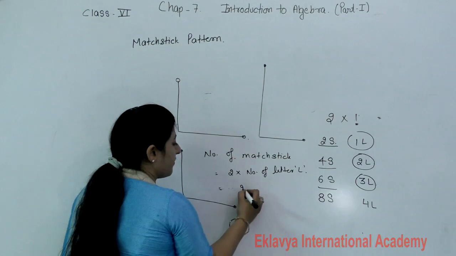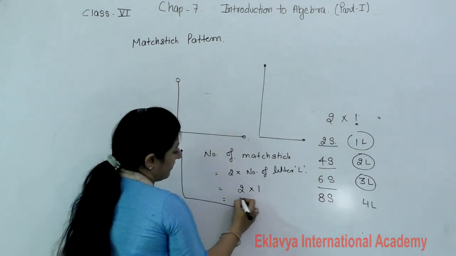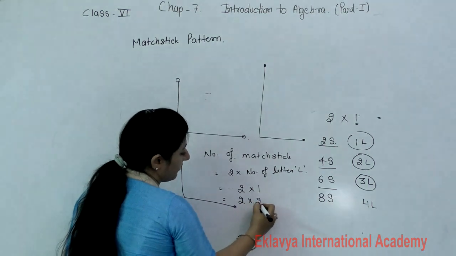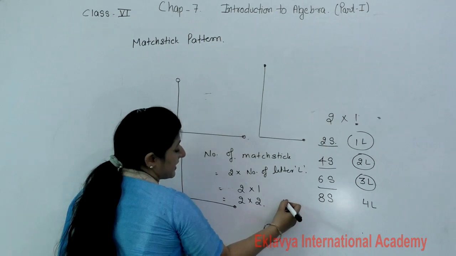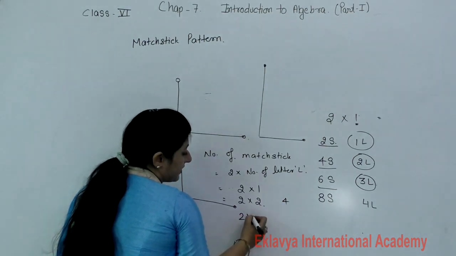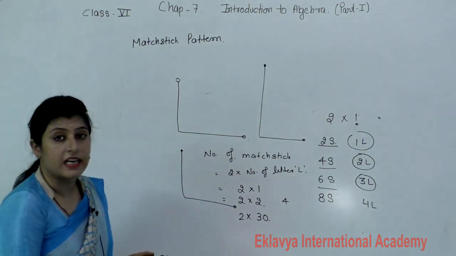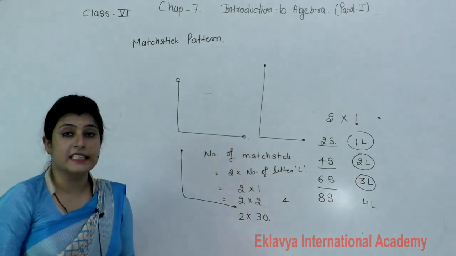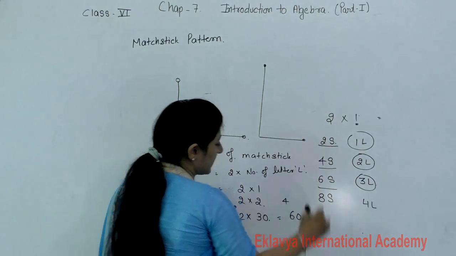It means if we want to represent one L, then we require two matchsticks. If we want 2 Ls, then we require 4 matchsticks. Suppose I want to make 30 letter Ls, then how many sticks are needed? 30 twos are 60.